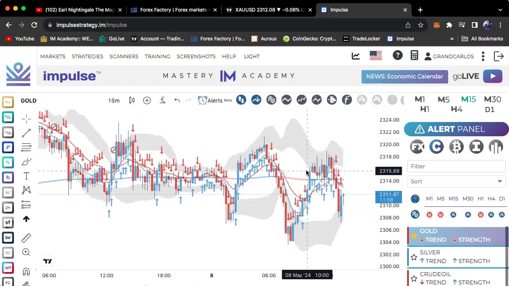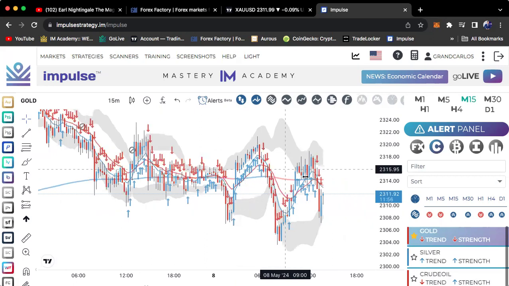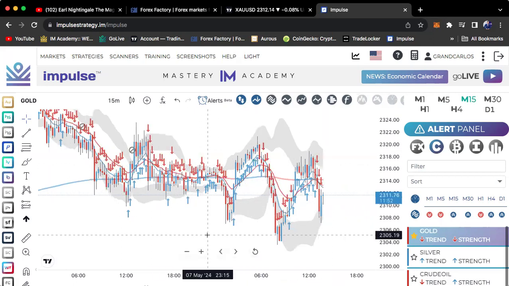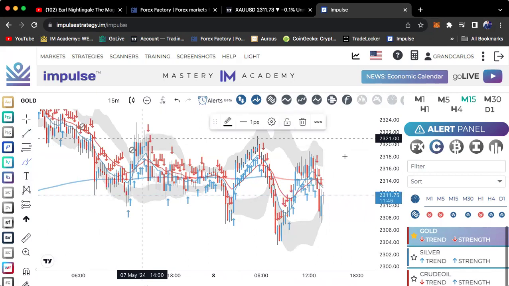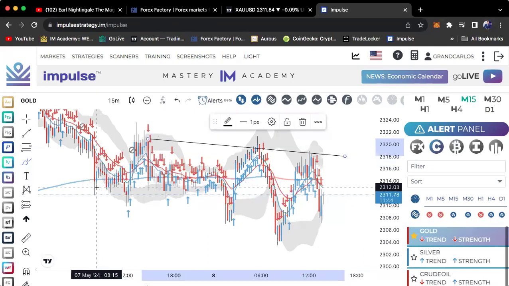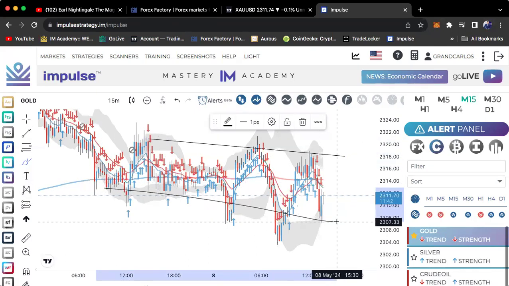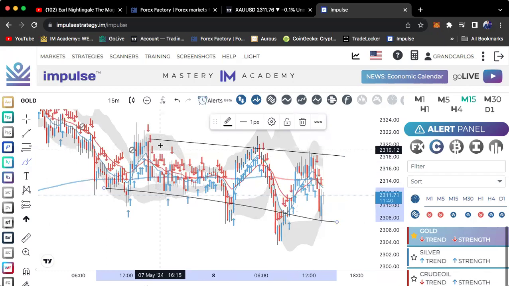You see how it's consolidating. Right now, price is just consolidating. It's descending consolidation. You see how it's descending down.